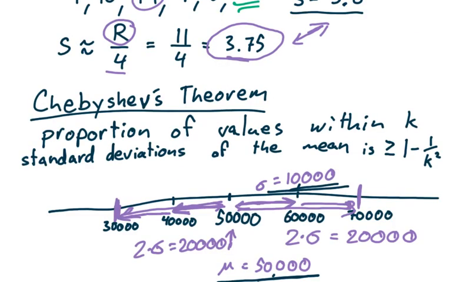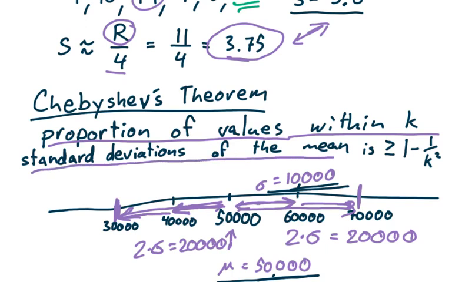So what Chebyshev's theorem says, the statement is that the proportion of values within a data set that are within k standard deviations of the mean is at least, so I said it's greater than or equal to, 1 minus 1 over k squared.